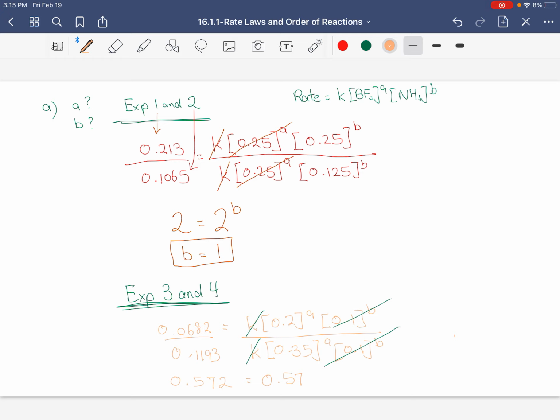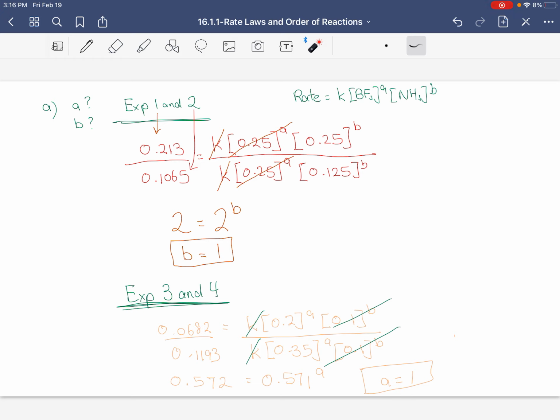So 1 in this case to the power of A. So A will be 1. These numbers are pretty much the same number. Experiment 3 and 4 is a bad idea to pick. I should have picked experiment 3 and 5, or 4 and 5. I think 4 and 5 would have been excellent. But it works.